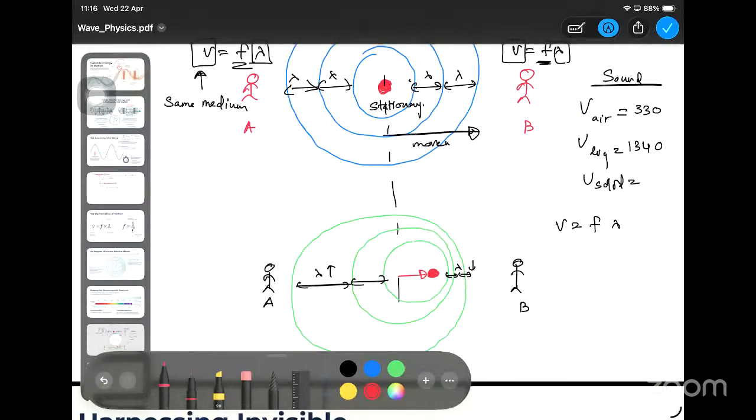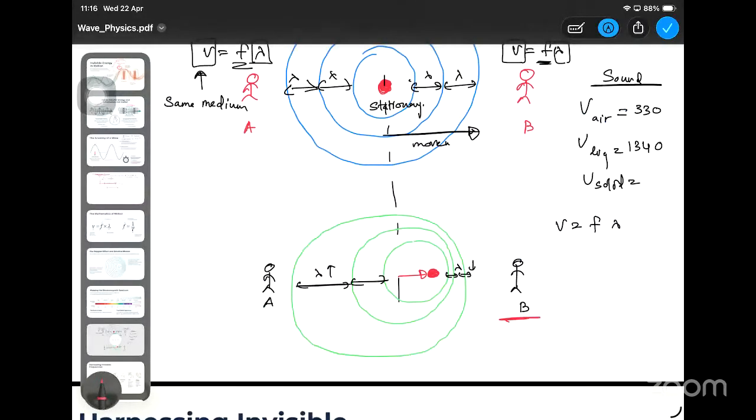And in this case also, we are using V equals F lambda, but here the values are being changed. So if we consider observer B, lambda has gone down, it has been decreased, but V is a constant value. Reason, still we are in the same medium. Always remember, the speed of sound changes according to the medium, whether you are having a denser medium or a low dense medium.